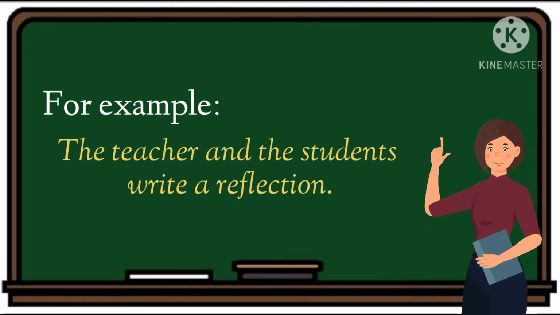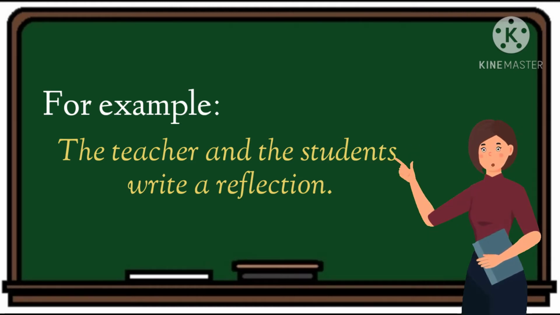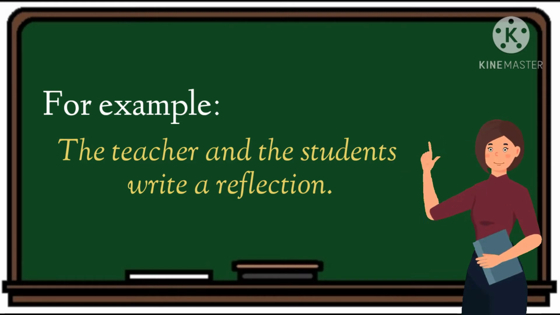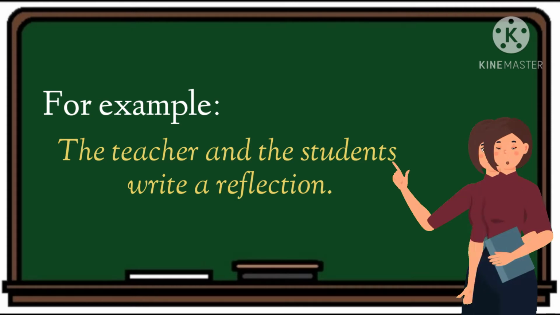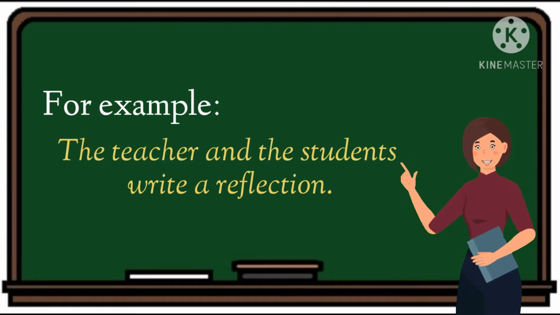So in this sentence, we use the conjunction and to connect the teacher and the students. Since we use the conjunction and, we must take a plural verb, and that is write. Therefore, nouns that are connected by the conjunction and in the subject will work as the plural subject and take a plural verb.